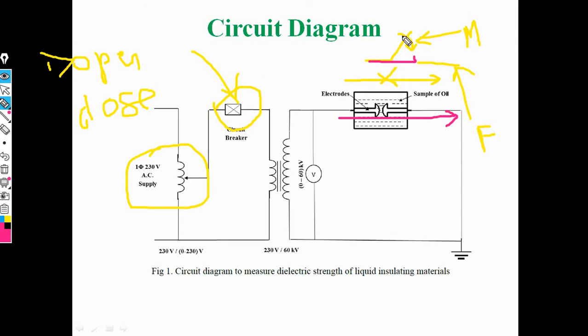When the circuit is closed, current flows from this side to this side.